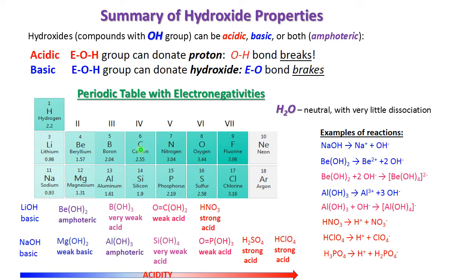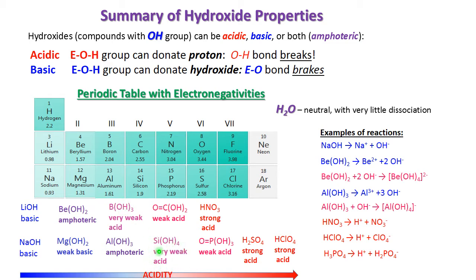Next is carbon, and carbonic acid has one terminal oxygen, so it's a usual weak acid, well known. Silicon again has a lower electronegativity, somehow similar to boron, so Si(OH)4 is a very weak acid.